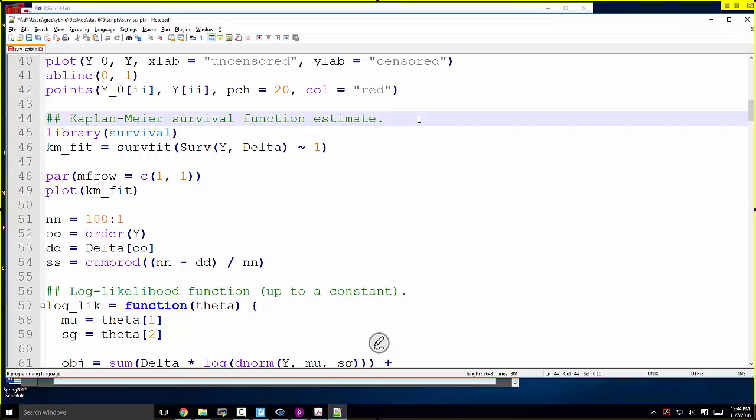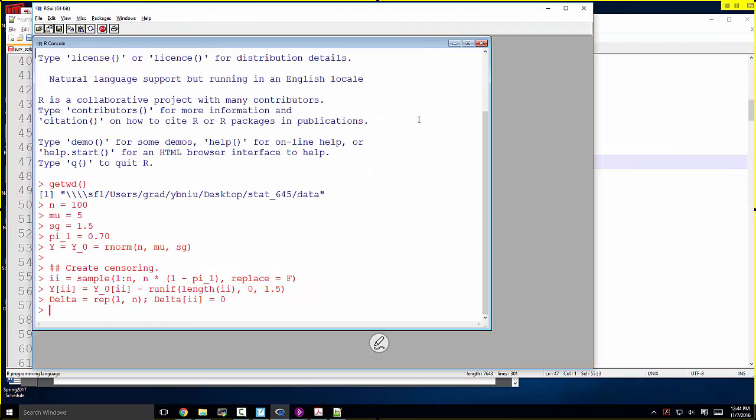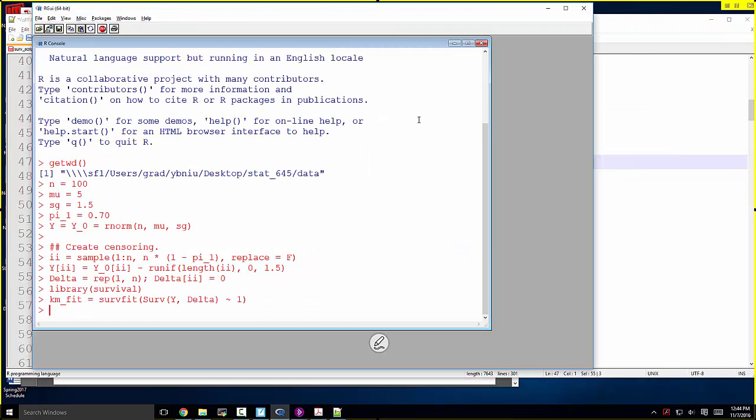And then we could fit the Kaplan-Meier curve using the survfit function.